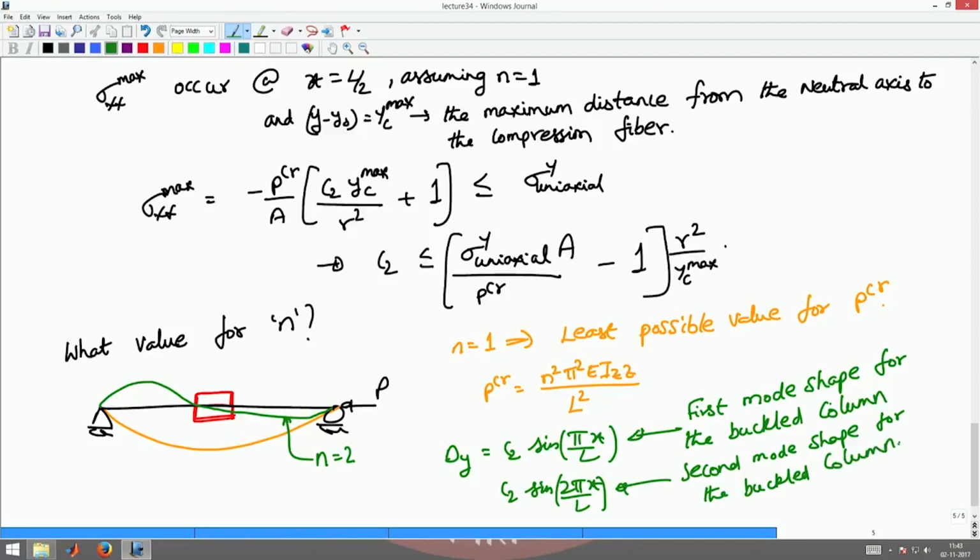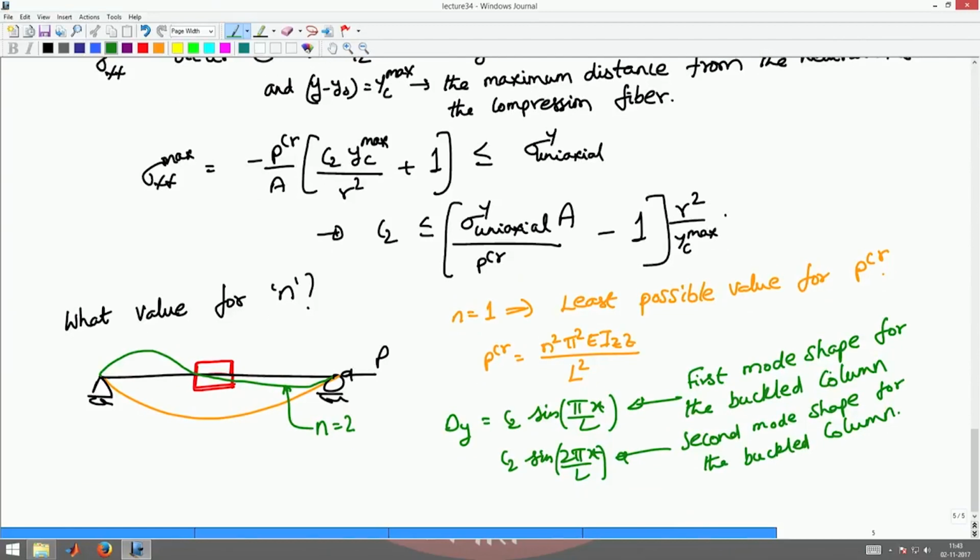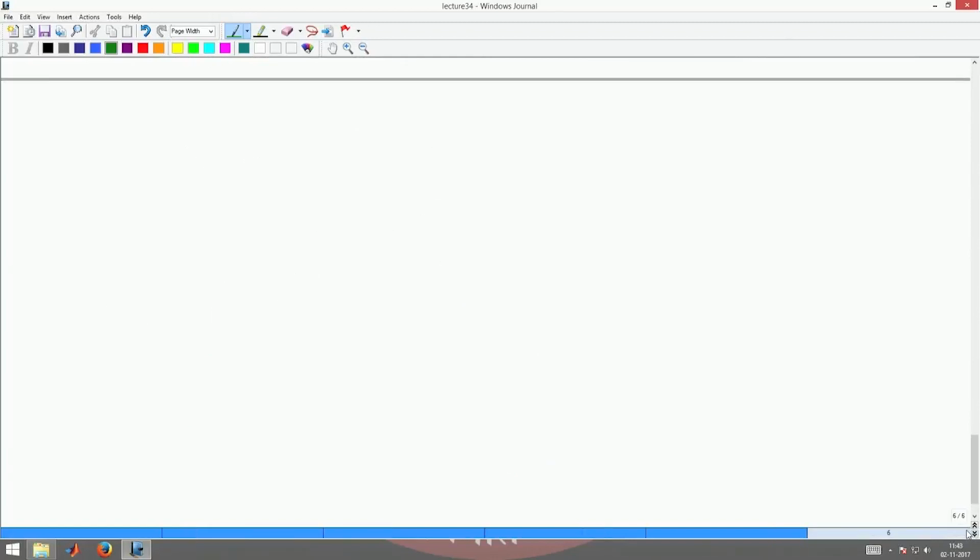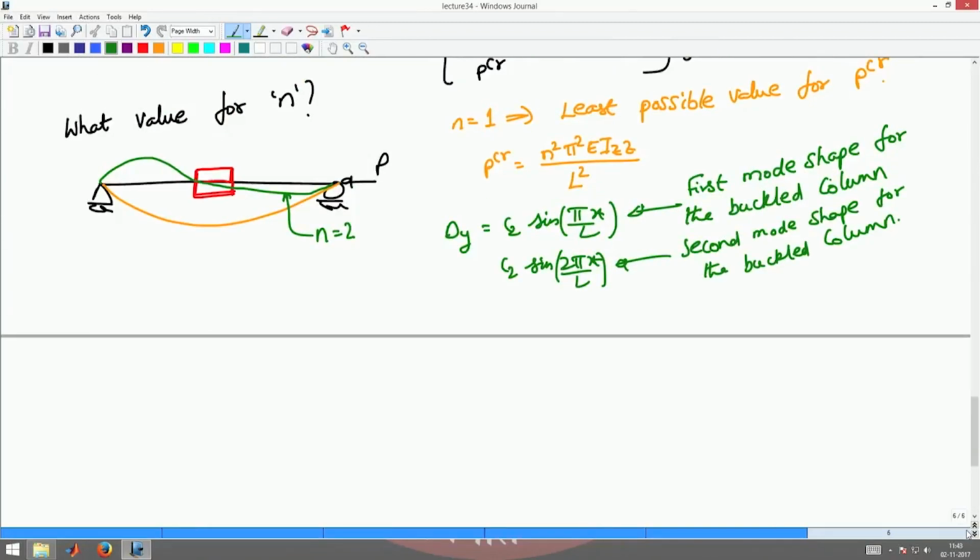Buckled column, okay. So, these deflections are called the mode shape and the critical load is called the critical load, okay. Now, I want to do some more analysis on this Euler buckling analysis. I want to rewrite this P critical in terms of a stress-like quantity.